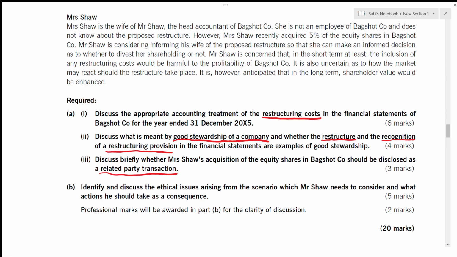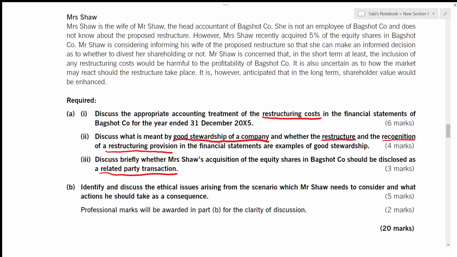And B is your ethics question. Identify and discuss the ethical issues arising from the scenario which Mr. Shaw needs to consider and what actions he should take as a consequence. So here they are asking, first you have to identify, then you have to discuss the points which you have identified as ethical issues. But just identifying and discussing is not enough. You also have to take actions.